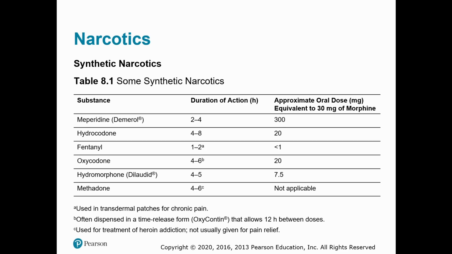Here is a list of some synthetic narcotics and the equivalent oral dose to 30 milligrams of morphine. Some of these are weaker than morphine, but some of them are much stronger. For example, fentanyl is over 30 times as potent as morphine.